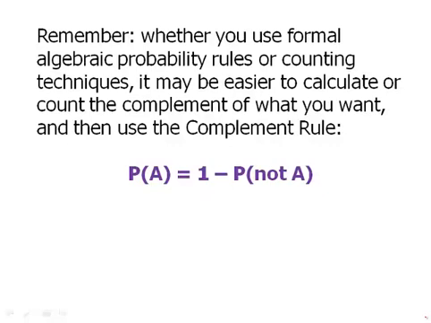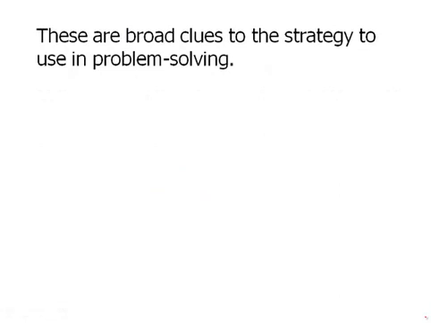So again, that often takes some creativity. As you work with probability problems, you may start to see where you can use this shortcut. So in this video, I've given you some very broad clues for problem solving.